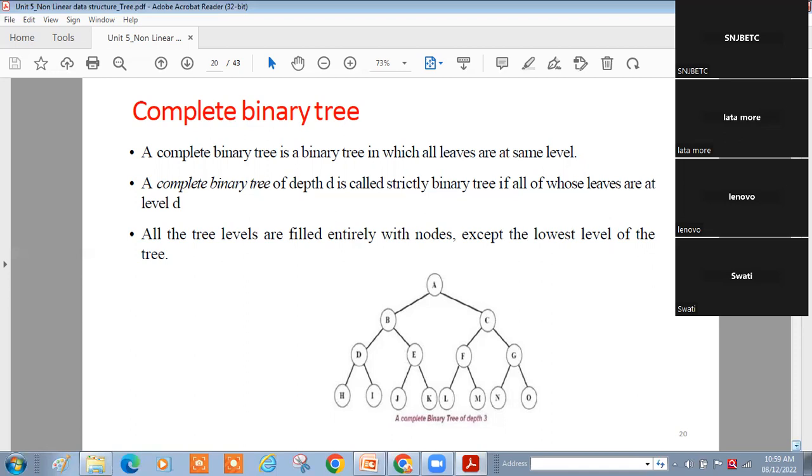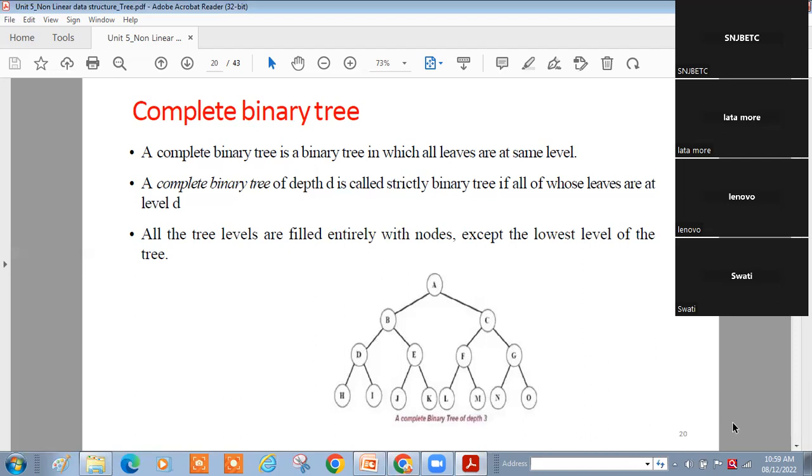Is 0 allowed? Yes, it is, because you can observe the last level doesn't have any children. So H, I, J, K, L, M, N, O, all these are kept at level 3, and level 4 is not allowed. This is nothing but the complete binary tree.